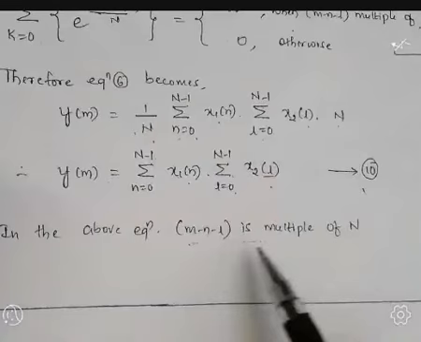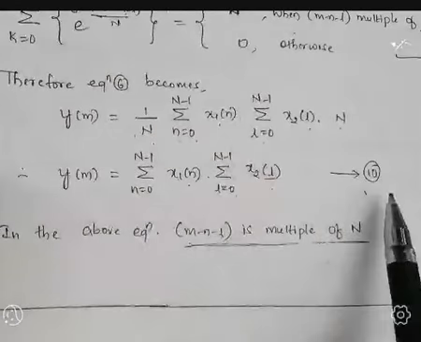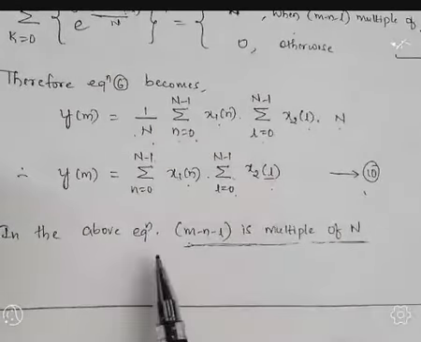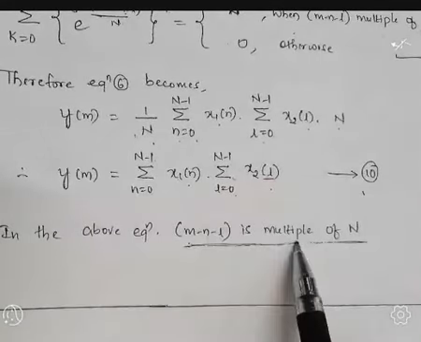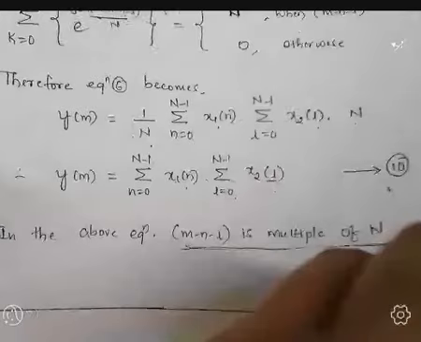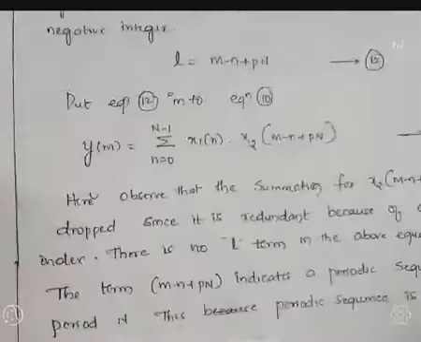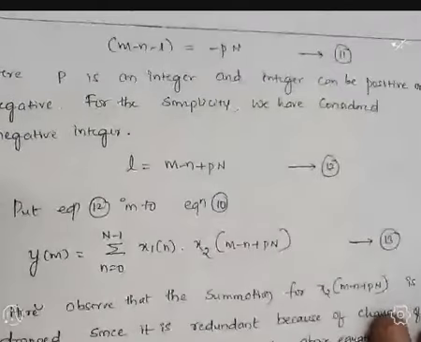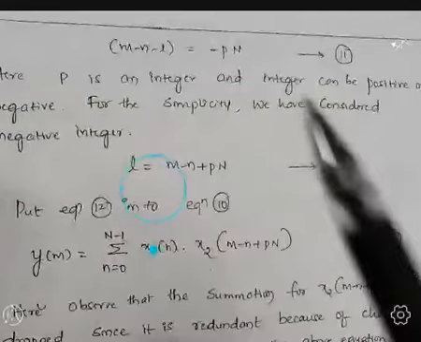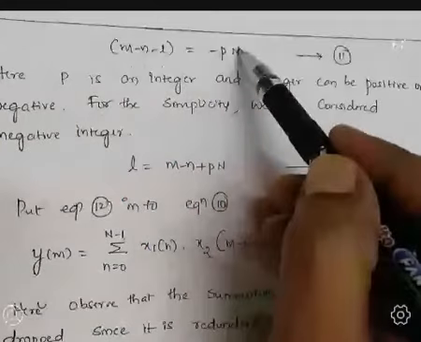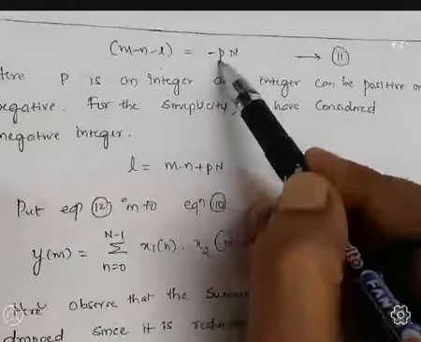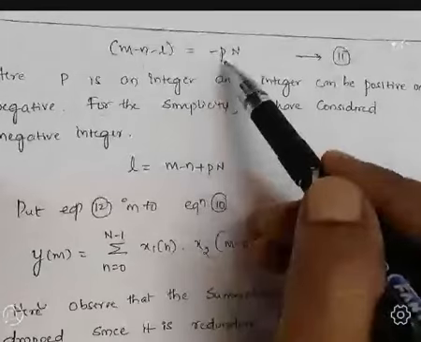We got this simplified version of equation 10 because we consider that m minus n minus l is a multiple of N. That statement we write mathematically as m minus n minus l equals minus pN, a multiple of N, where p may be any integer, 1, 2, 3, 4, and so on.